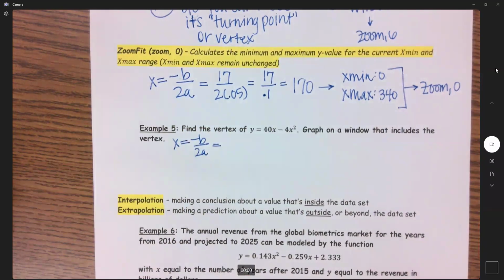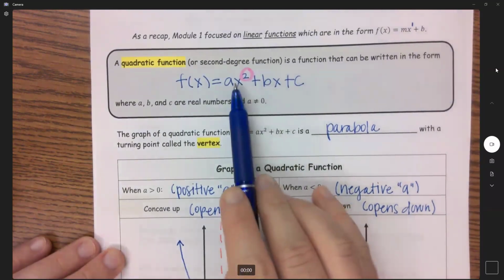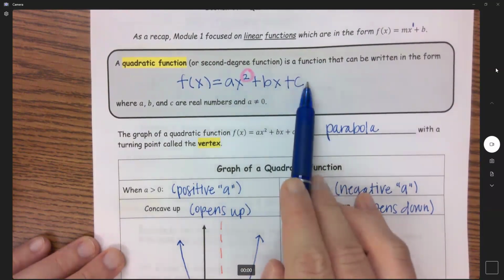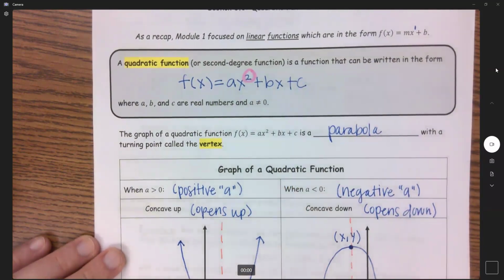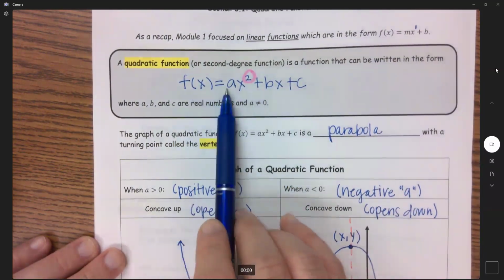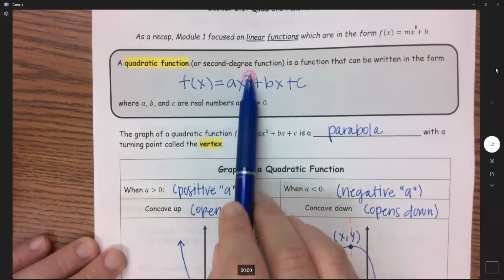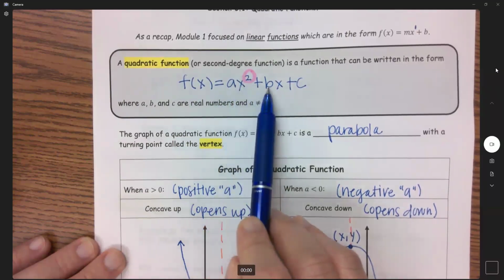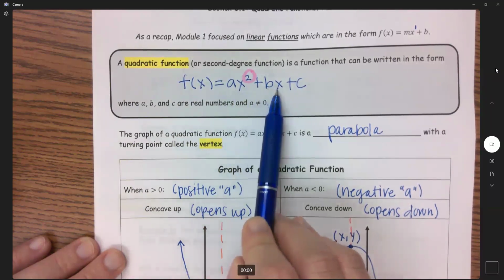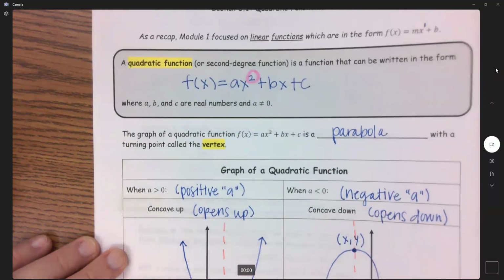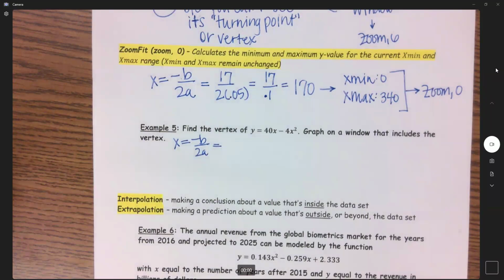Now be careful here. I told you on that front page that they are typically going to do this as x squared, x, constant, but it does not matter what the order is. Your a is not always first. Your a is whatever is with that x squared. Your b is always whatever is with that x. And then your constant, your c, will be without a variable.